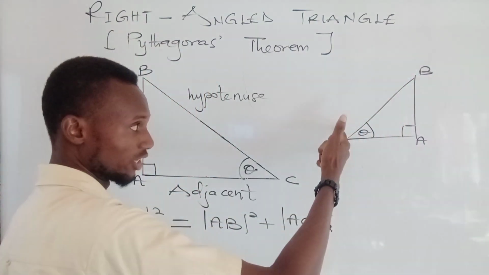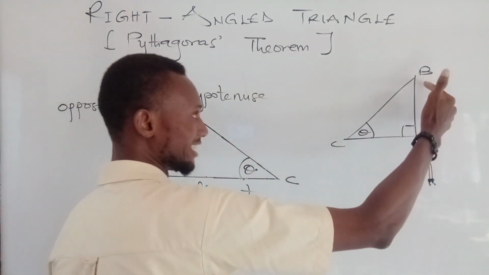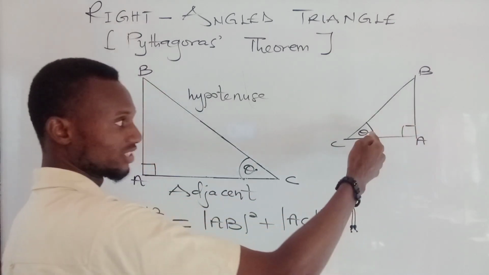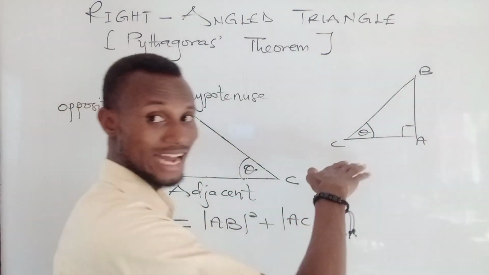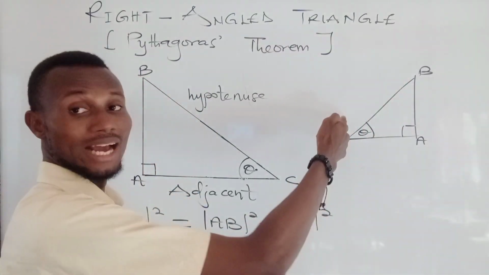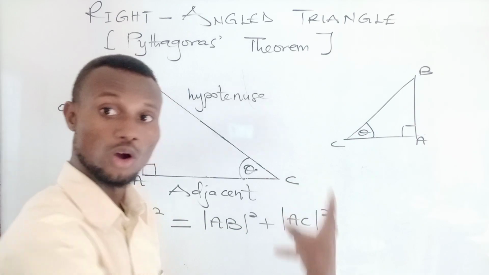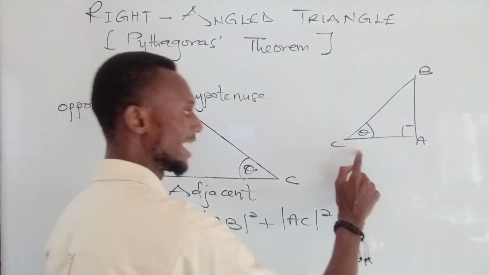This is our hypotenuse, the longest side, which normally is the slanted side, and this is the opposite, because it's opposite to the angle theta here, and this is the adjacent, which is at the base of the triangle. So the square of the hypotenuse should be equal to the sum of the square of the opposite and the adjacent.